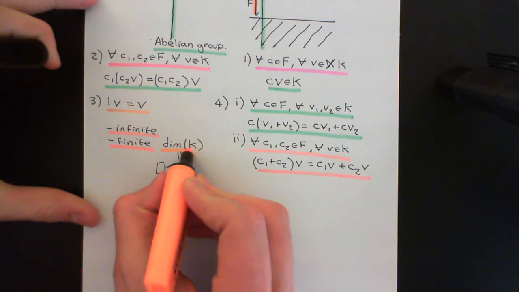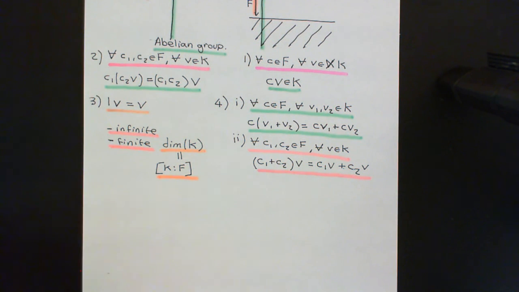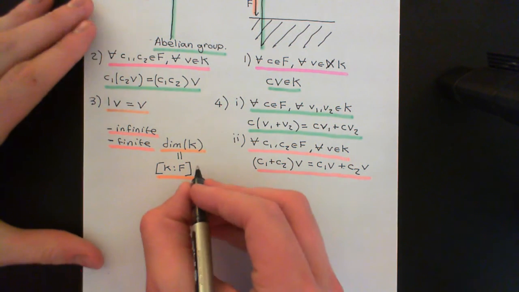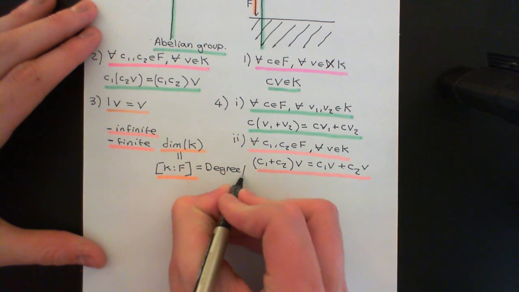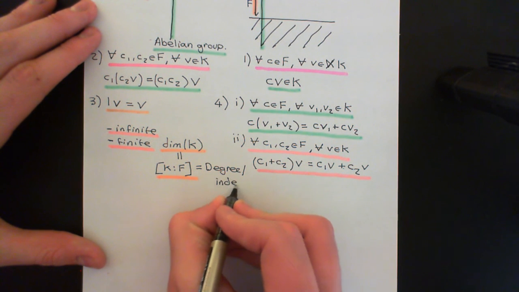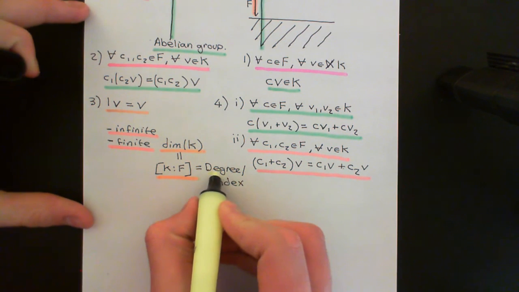And you call it the degree of the field extension K over F, or the index of the field extension K over F. So you can either call this the degree or the index. Either notation is used. You could refer to it as the dimension. That's not particularly common. People would know what you meant, but degree is what we will generally use to describe this.